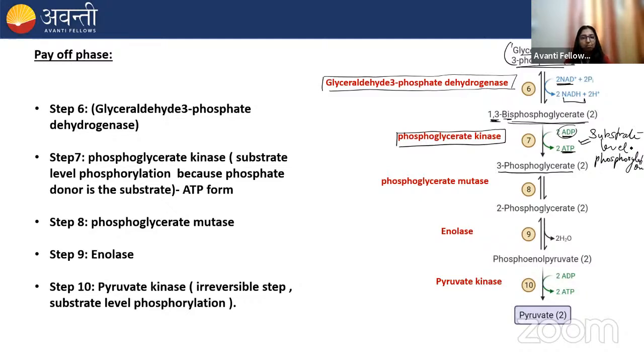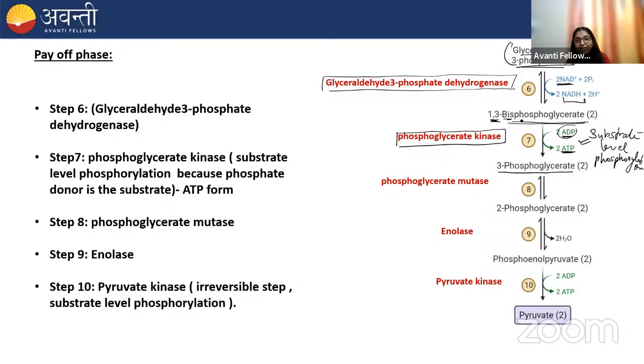Phosphorylation could be of two types. It could be photophosphorylation or substrate level phosphorylation. Photophosphorylation, which we studied in photosynthesis, is where the ATP formation is taking place in the presence of light. Here it is substrate level phosphorylation, where the substrate is acting as a donor for the ATP synthesis.